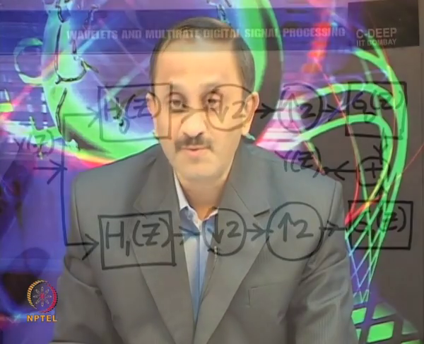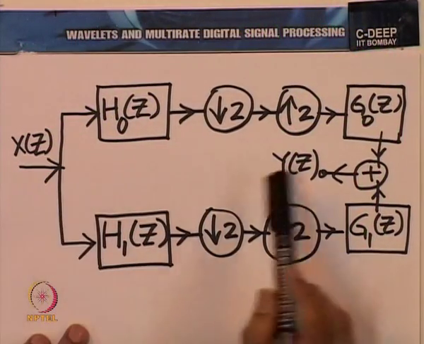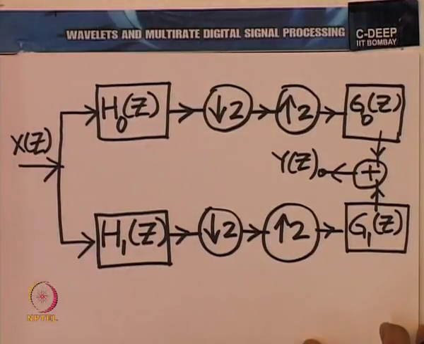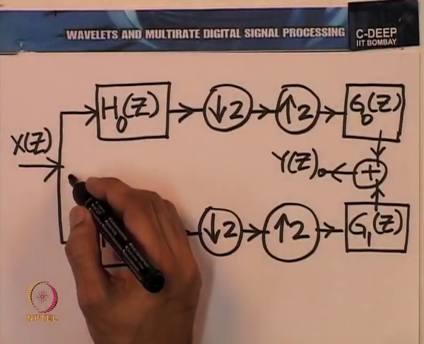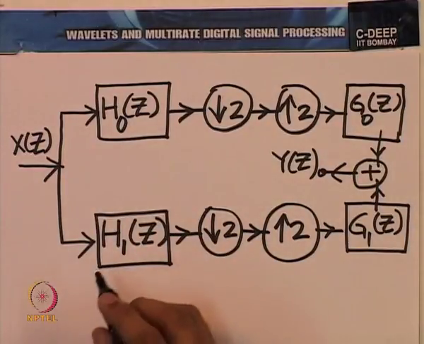Anyway, coming back then to that 2 channel filter bank that we began with earlier on in this lecture, I put it back before you here. I intend now to relate y z and x z in this diagram. And towards that objective, let us number the Z transforms at different points. In fact, let us give the sequences names.